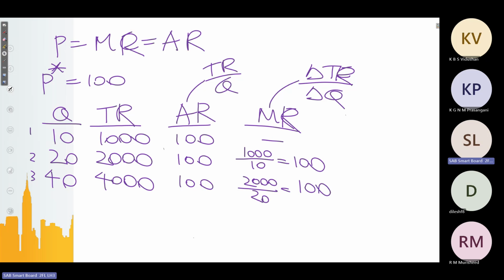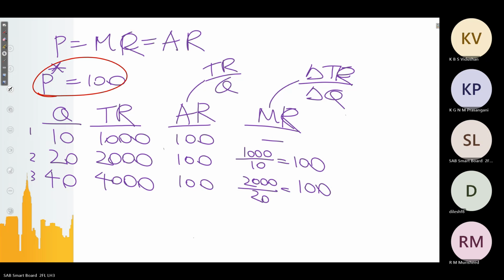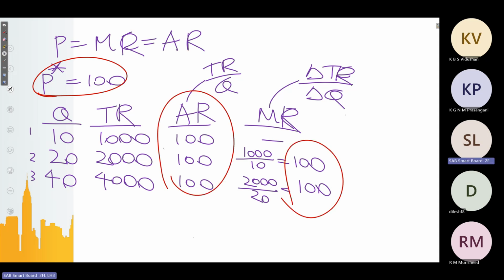Don't you see that price, average revenue, marginal revenue, all are equal? Yes. Price, marginal revenue, average revenue, all are equal for a perfectly competitive firm.